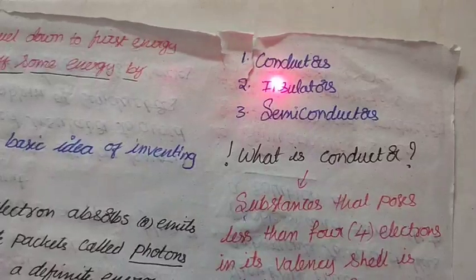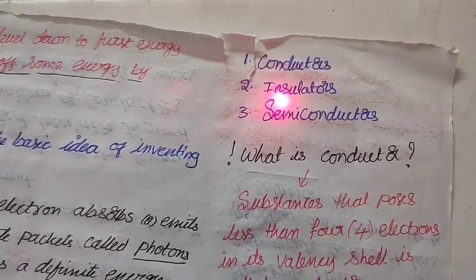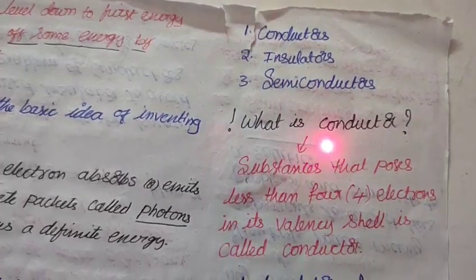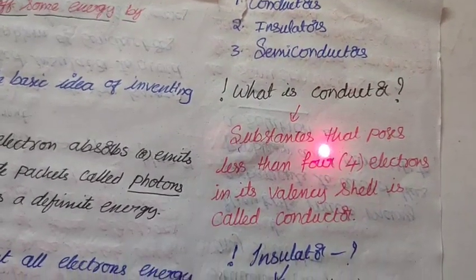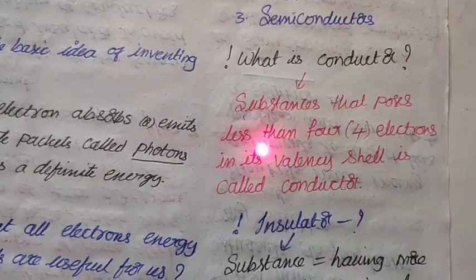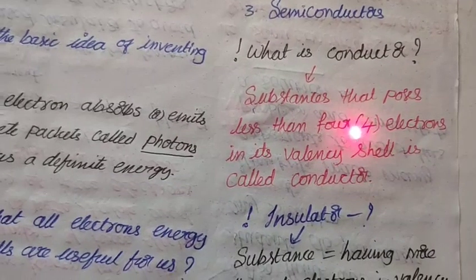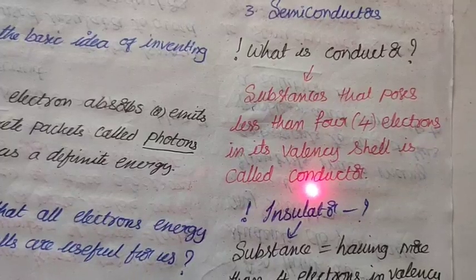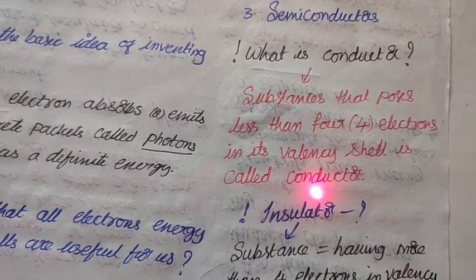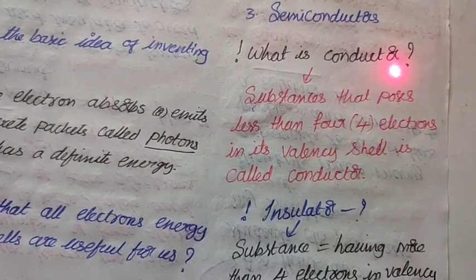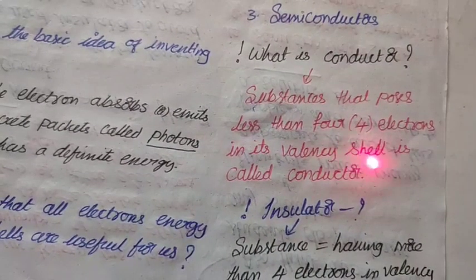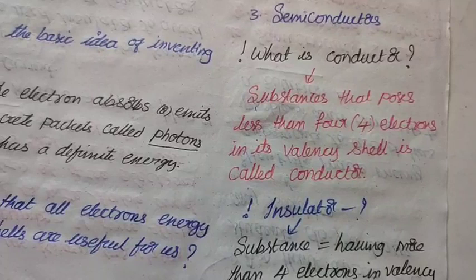One is conductor, second is insulator, third is semiconductor. What is a conductor? A substance that possesses less than 4 electrons in its valency cell is called a conductor.